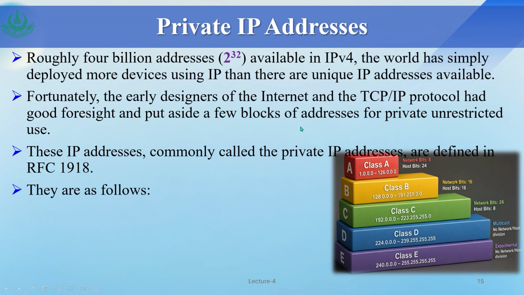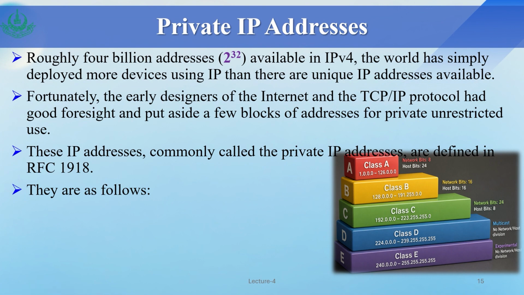Fortunately, the early designers of the Internet and the TCP/IP protocol had good foresight and set aside a few blocks of addresses for private unrestricted use. Those IP addresses, commonly called private IP addresses, are defined in Request for Comments document 1918.